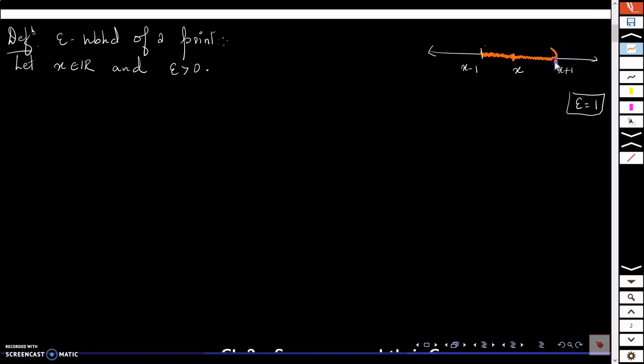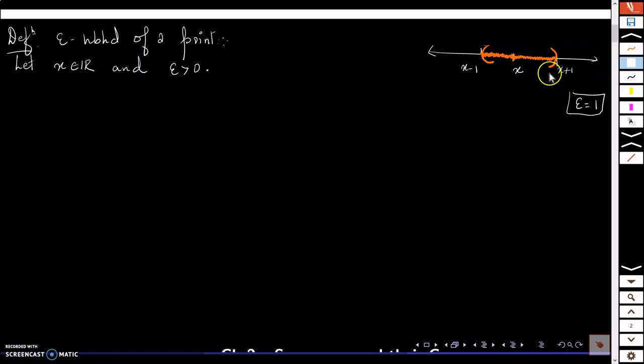Now if you look at these points which are marked in red, that's the open interval x minus 1 comma x plus 1, and these points are actually the points whose distance from x is less than 1. If you take this point x plus 1, then its distance from x is exactly 1.